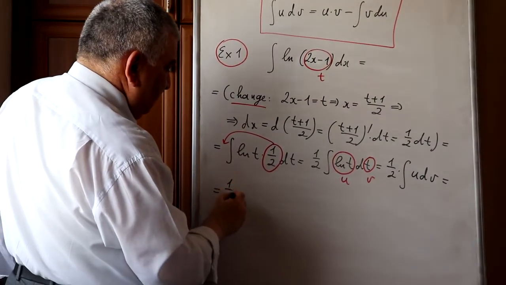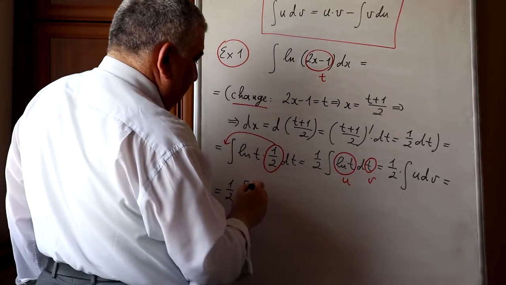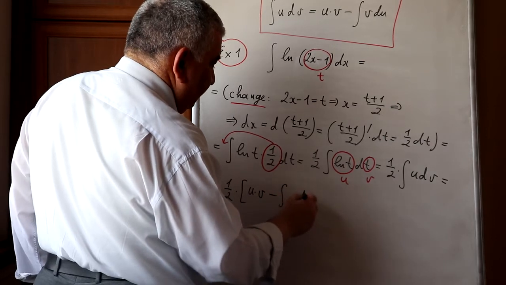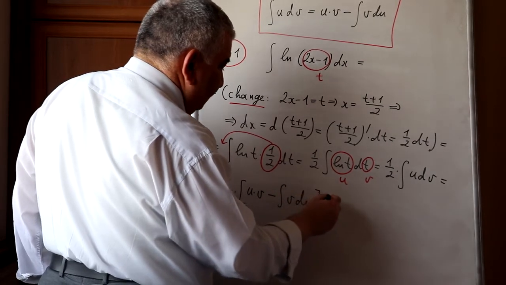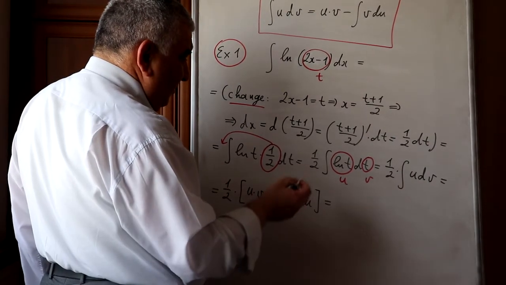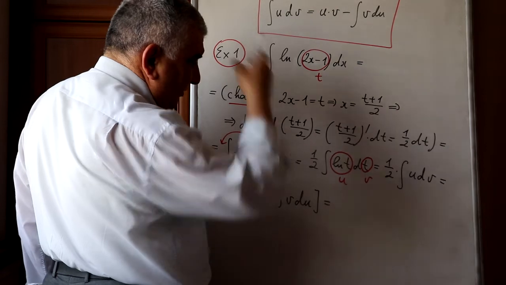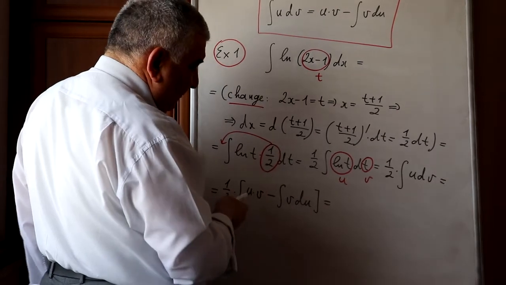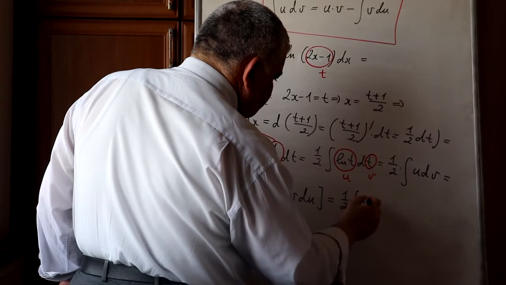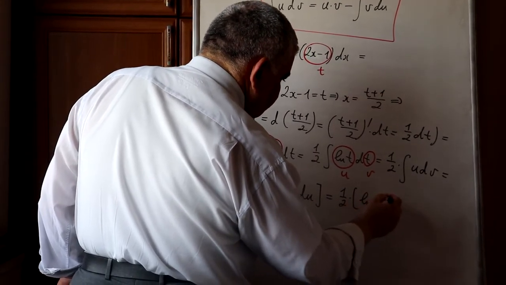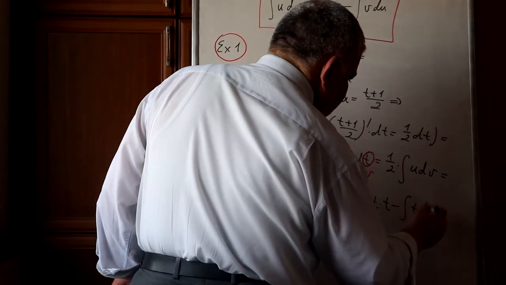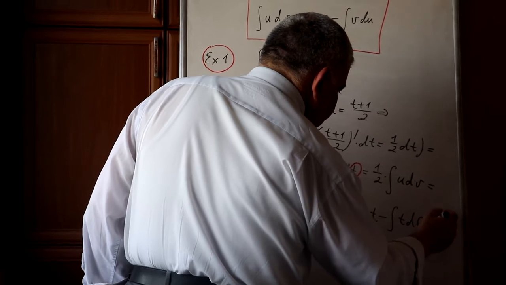1 second multiplied by u multiplied by v minus integral v du. Then substitute the corresponding expressions instead of u and v. 1 second multiplied by natural logarithm of t multiplied by t minus integral of t d natural logarithm of t.